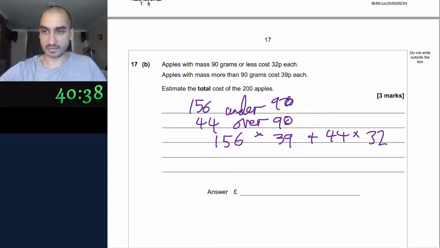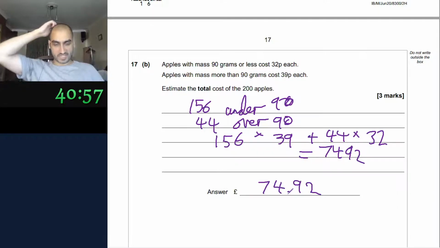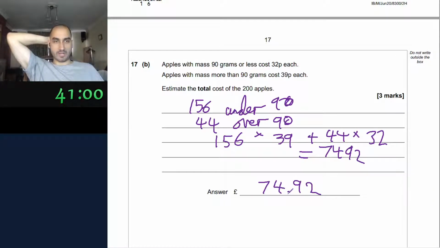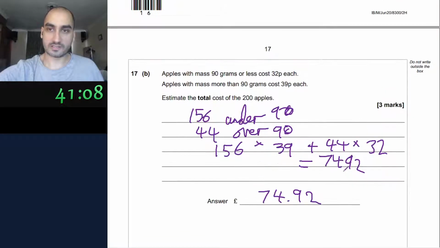Oh, so you can do brackets with Windows Calculator. 7492. So that's the cost of 200 apples. Sounds about right. That sounds cheap, actually, to be honest, given today's prices.